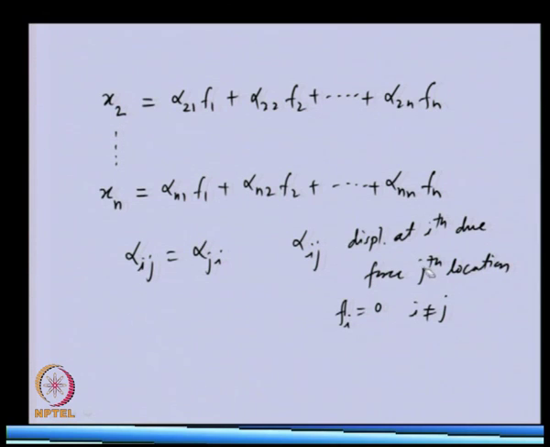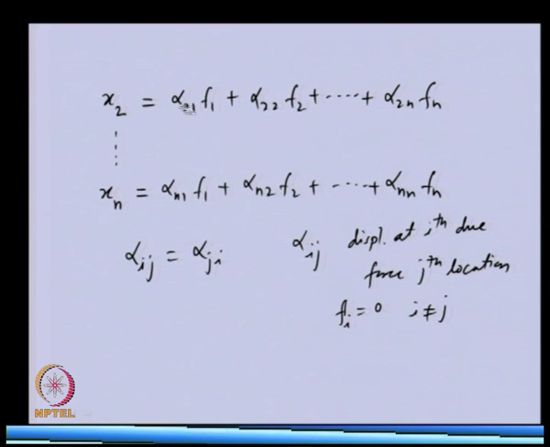So, only force j is acting. So, the displacement at the ith location is given by this, and all other forces we need to equate to 0. So, this is the definition of the influence coefficient.